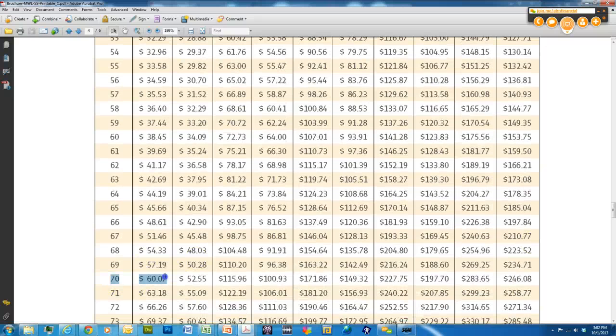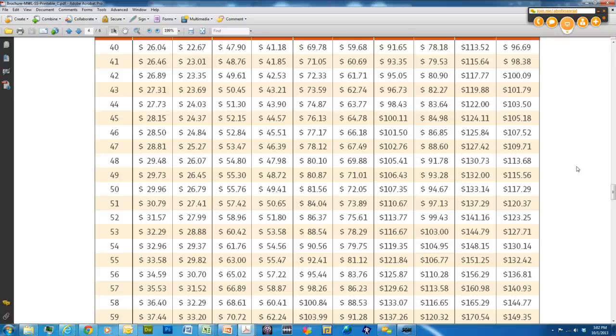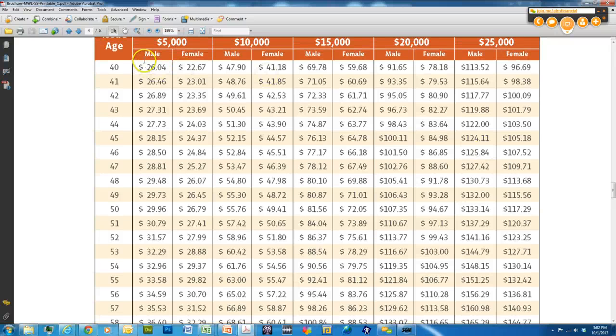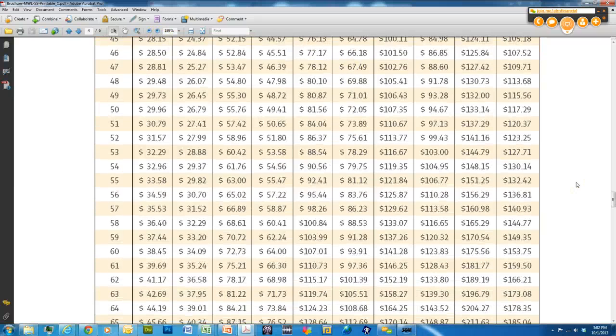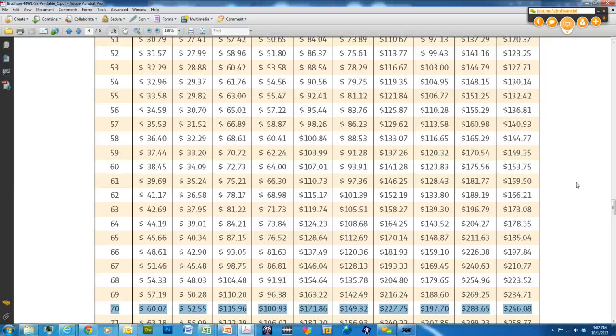You go to this age 70 and he's eligible for these rates here. You can see they're quite a bit more. And these come in 5,000 increments. So male 5,000, 10,000, 15,000. So male 5,000, he's eligible for the rate of $60.07 for 5,000.